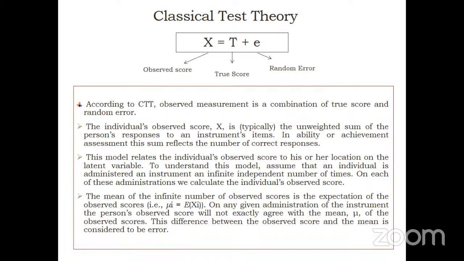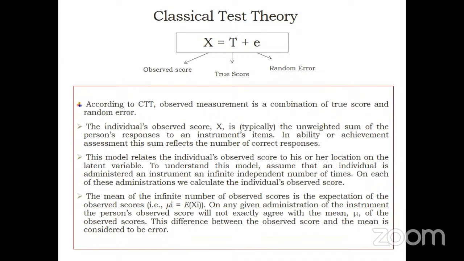When we are measuring someone's score on any test, it is basically the unweighted sum of the person's responses to the instrument's items. In ability or achievement assessment, this sum reflects the number of correct responses.